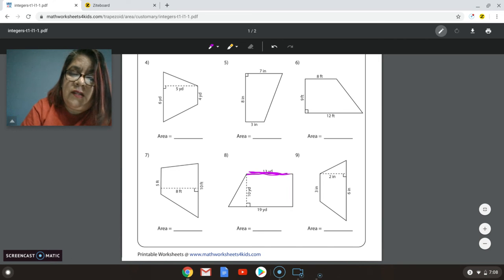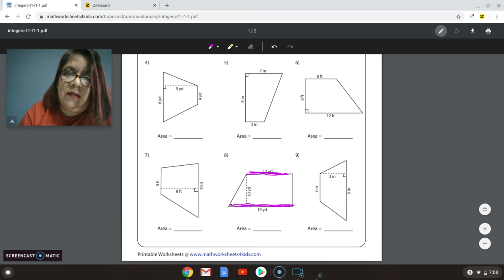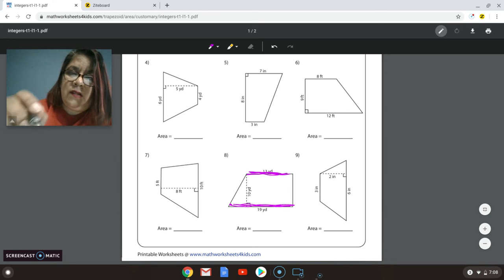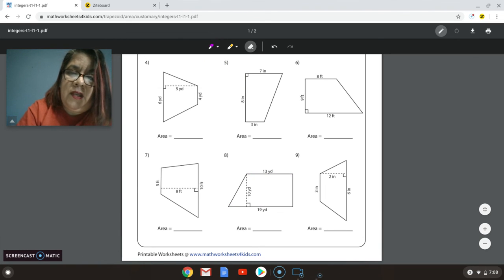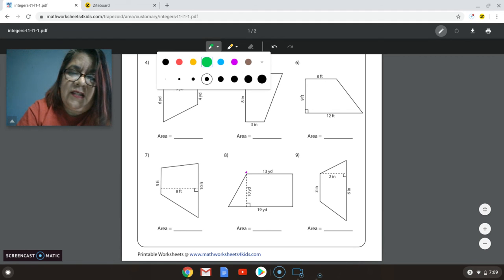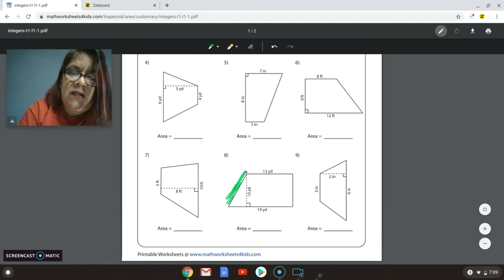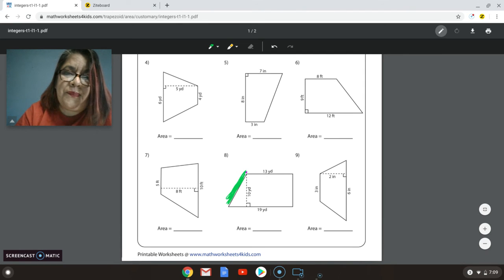Great. And what is this? Good. So if I said that this is the height for my figure, is that true or is that false?